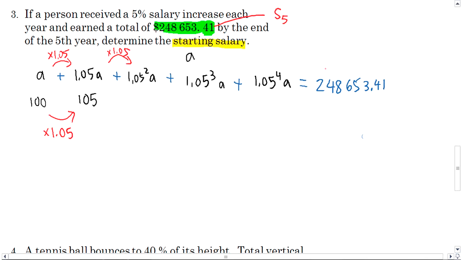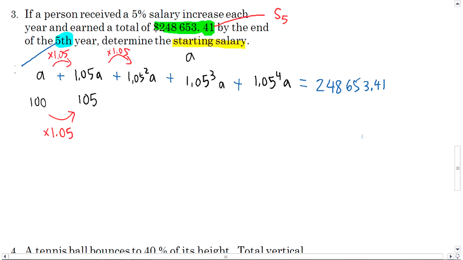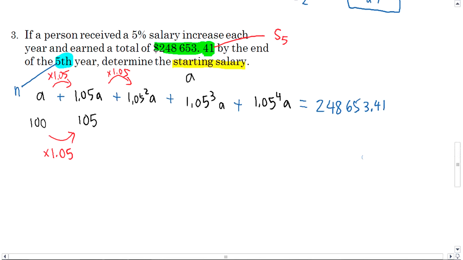So that's S5, right? And this here is our n. And this 5% is not really anything by itself, but our ratio is equal to 1.05. So you've got to be careful. So I've got R, I've got S5, I've got N. I'm trying to find A.